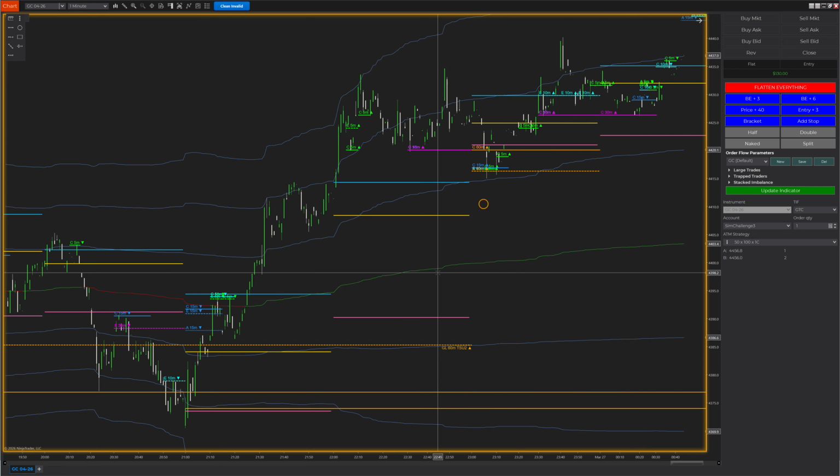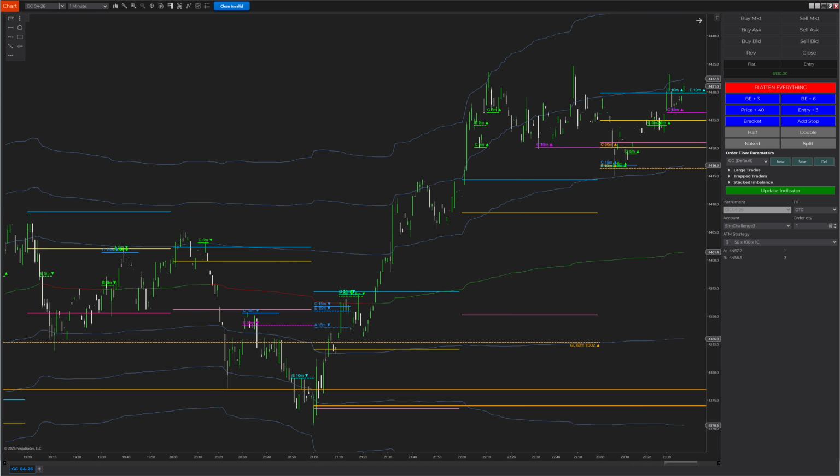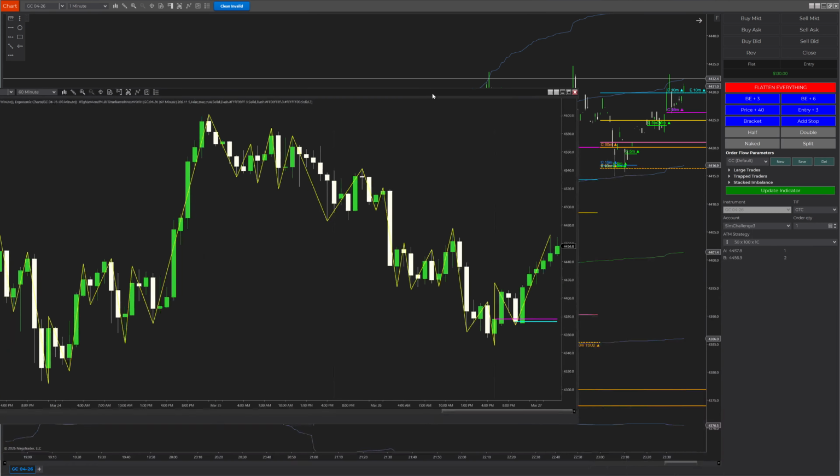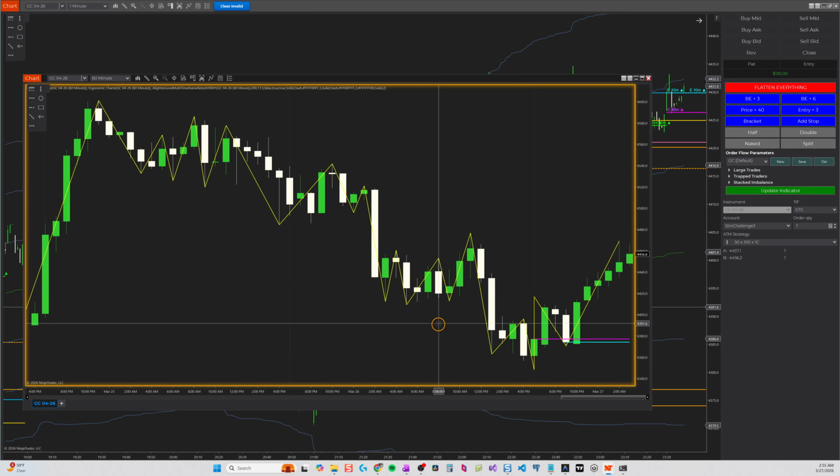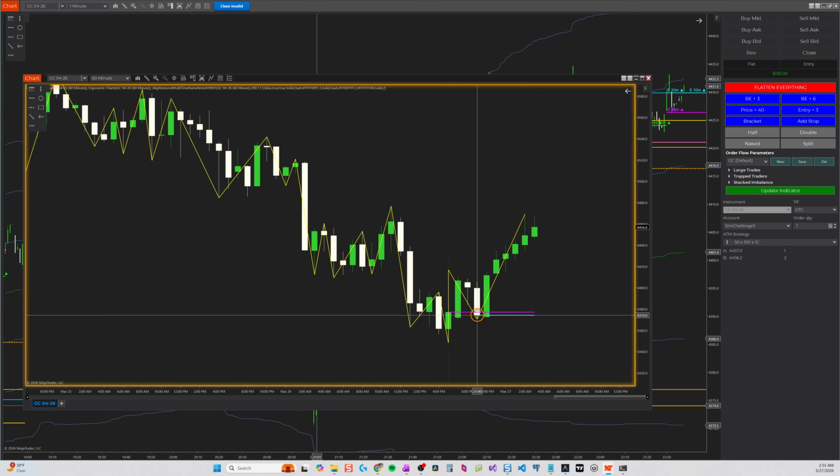And we also have the 60-minute trend start up and trend start down. These are based on the pivots from the original indicators, but you can see this blue line here, this cyan line, was the start of a trend up, so we call it a trend start up.